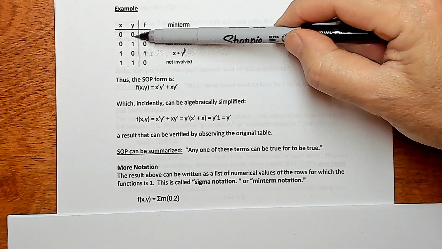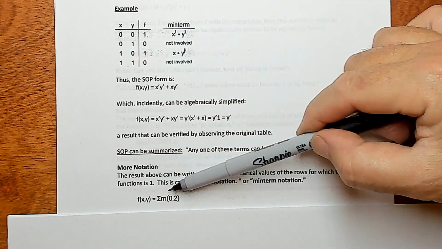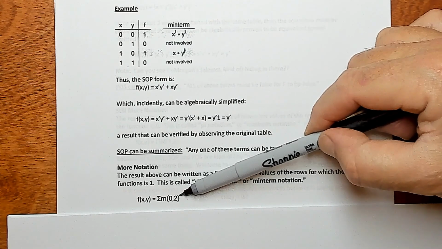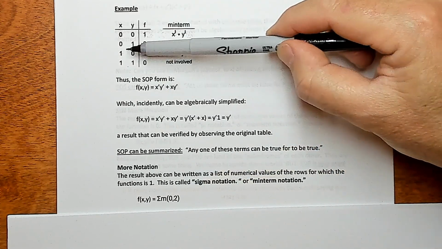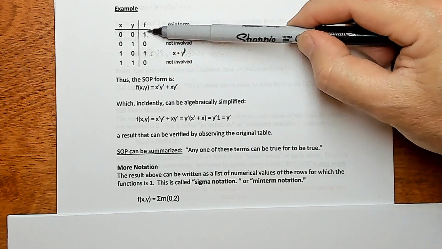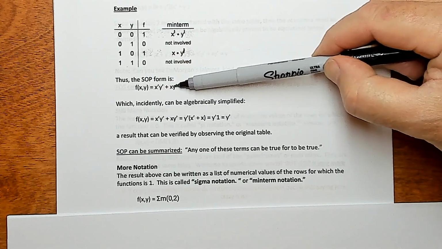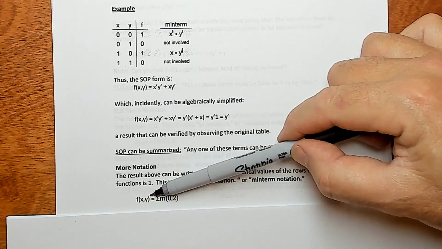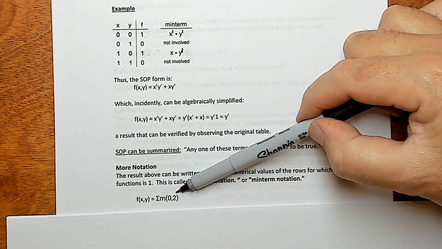Row 0 in binary has a 1 on it, and row, I'm sorry, I misspoke, rows 0 and 2. Row 0 has a 1 on it, and row 2 has a 1 on it. These two rows have min terms, and those two min terms are summed. So f is a function of x and y given by the sum of the min terms on rows 0 and 2.